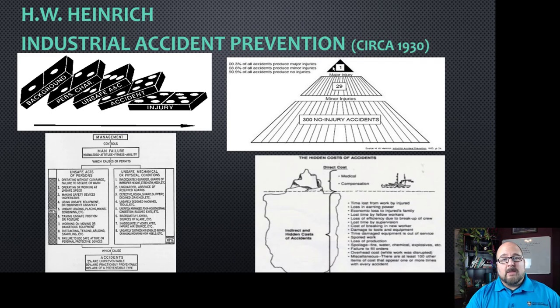First of all, the 1 is going to get the most amount of attention because that is a major injury, which is disabling injury or death. So we're going to try to prevent that. It's going to get all the attention, all the effort. The 29 may or may not get some attention, but at least OSHA requires we document them. So we're now predicating our safety efforts on 30 reported occurrences, yet we had 300 that went unreported. Not to say they're all aligned or they're all equal, but that's more information that would have helped us.